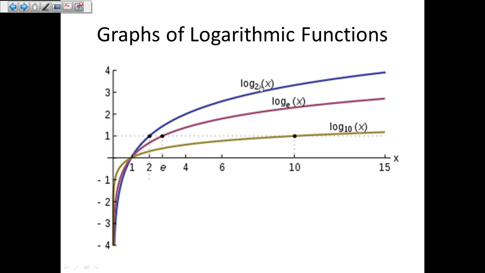Well, it's a log base 2. So really what this is saying is the log base 2 of 2 is equal to 1. Here the log base e, the natural log of e, is 1. And then this yellow curve right here, the log base 10, the common logarithm of 10, is equal to 1.